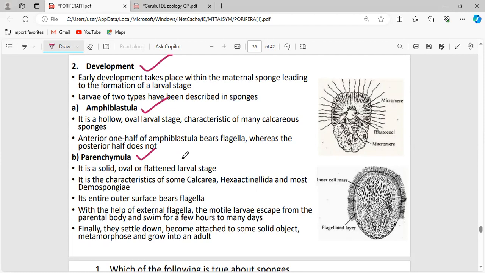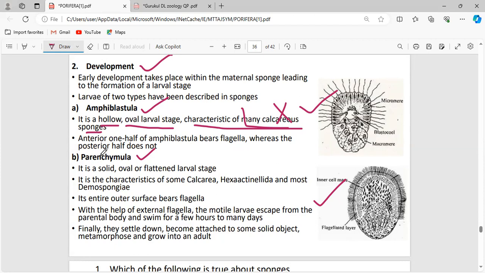Even if you don't know what the class is, just remember amphiblastula and parenchymula are the larval stages of sponges. I'm repeating, don't neglect these types of questions. If you know, definitely one question will be there in the exam, so you have to read that. Don't take any chance.